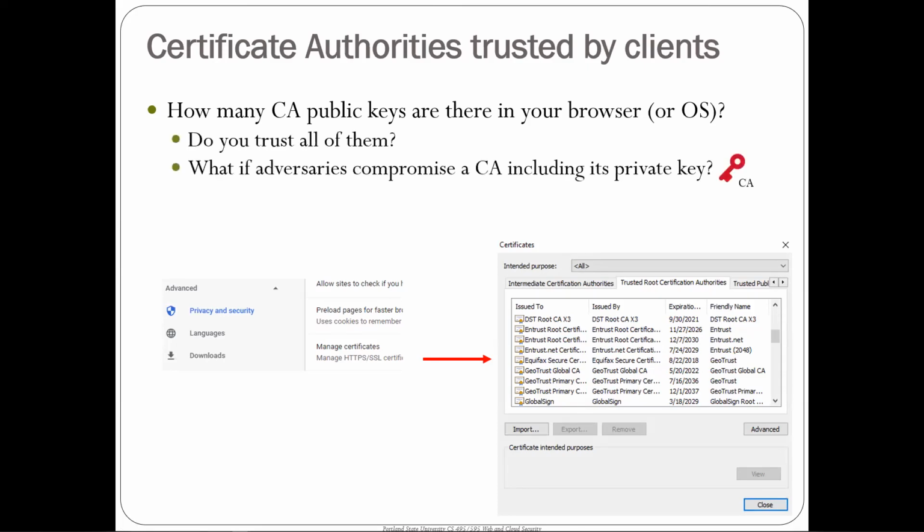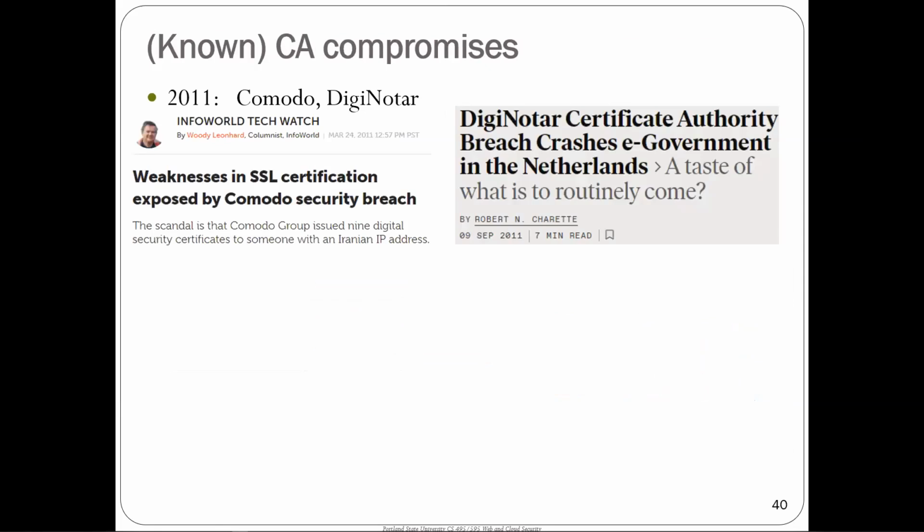Okay, so then the question is, do you trust all of them? And what happens if a CA is compromised, including its private key? These are all the cases where CAs have been compromised. These are the known cases. So 2011, Comodo and DigiNotar, that was breached.